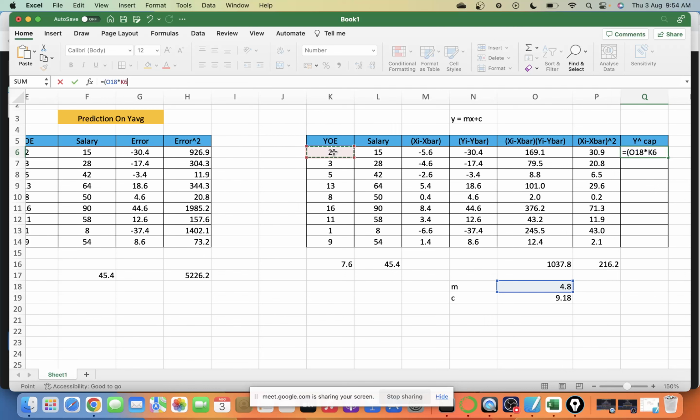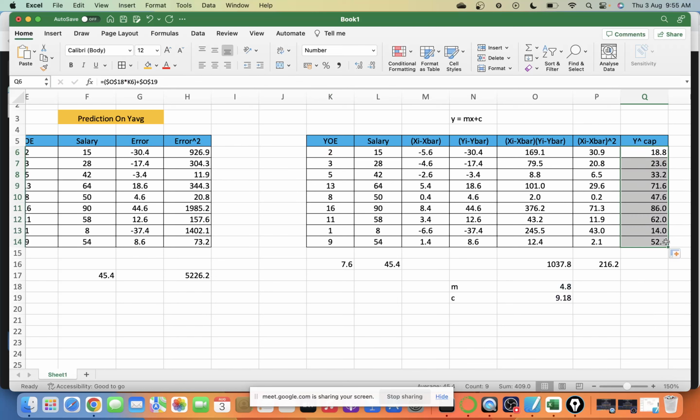This is x, right? mx plus c, this is plus c, right? So let me put m as fixed and c also fixed, right? And let x vary.